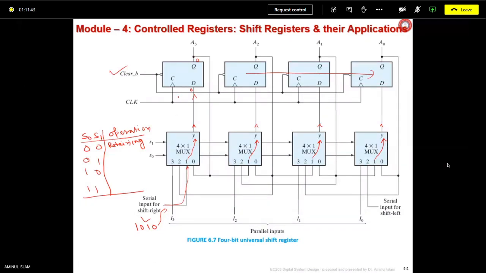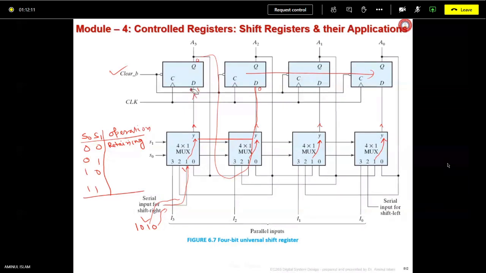How shifting is occurring from left to right: when the clock arrives, this D input 0 is going to be stored here. On the next clock pulse, that 0 is coming here, but a new value is going to come here. This one is the new value now, that is 1, going to come here.